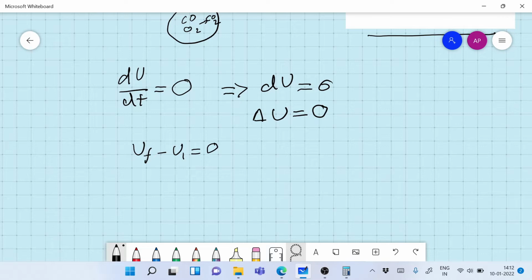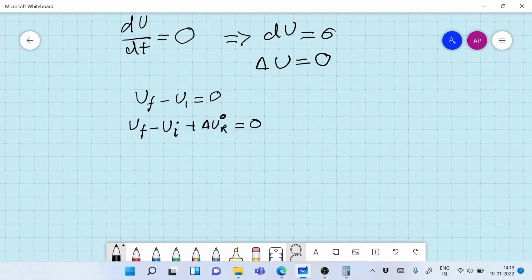And if a reaction is involved, you have to just write the final internal energy minus the initial internal energy plus the change in internal energy due to reaction. Now this happens at 298, so the standard state is stated as 298, so we put a 0 here and we are done.